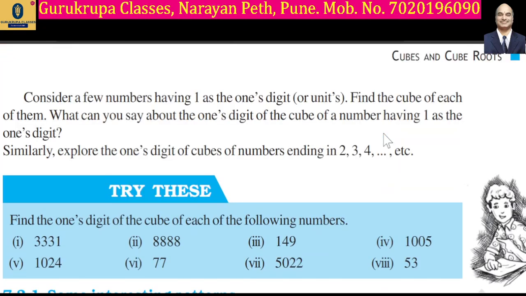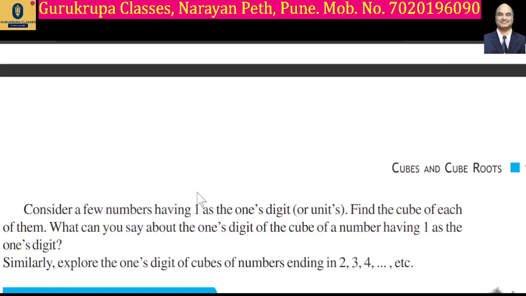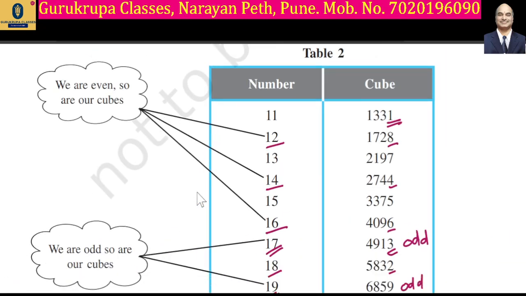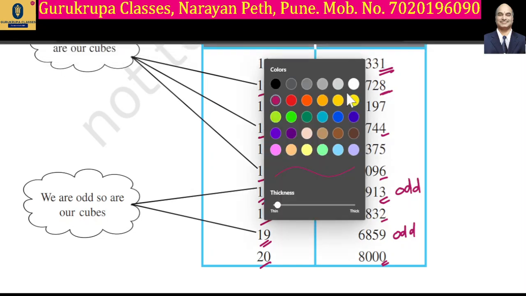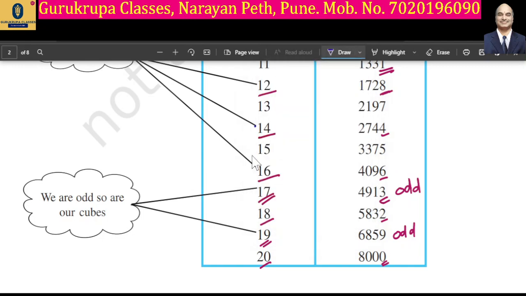Okay. So if there are numbers ending with 2, 3, 4, what do we get? For a number ending with 2, as 12, we get unit digit 8. For a number ending with 3, we get 7 as the unit digit. 5 is the unit digit, 17, 3 is the unit digit, 9 is the unit digit, and here we get these numbers.